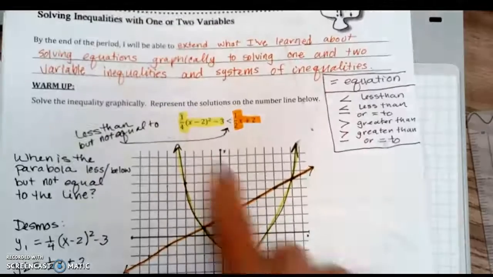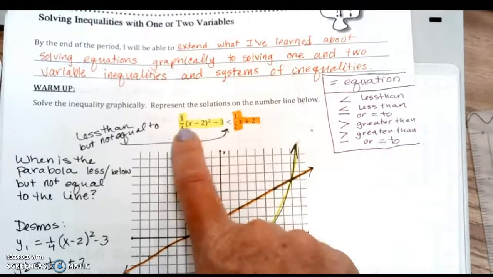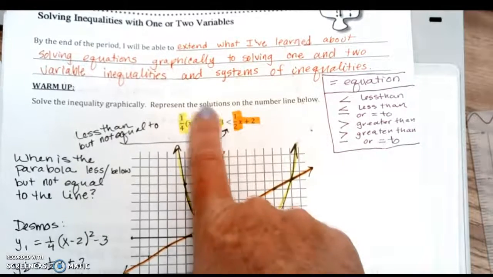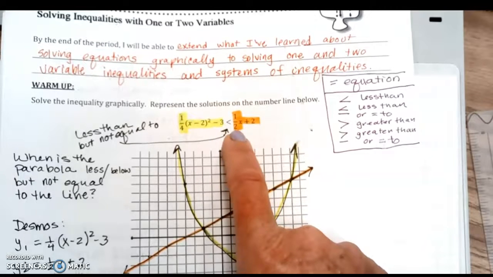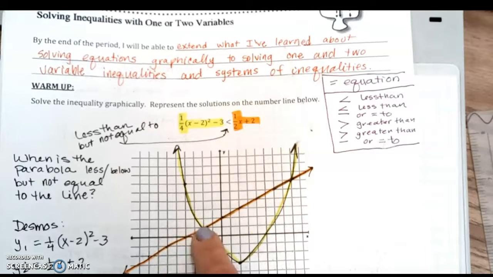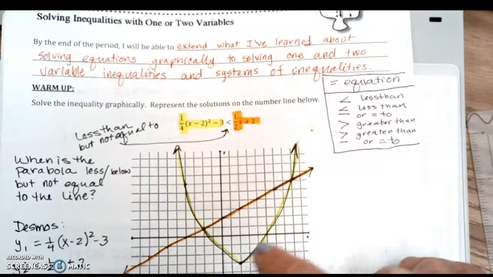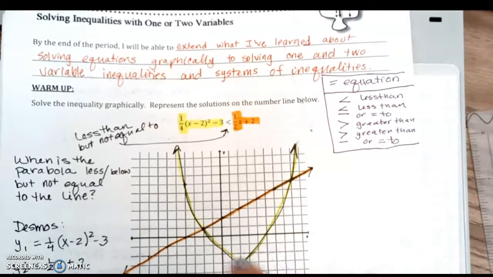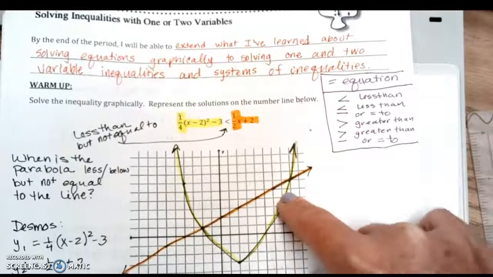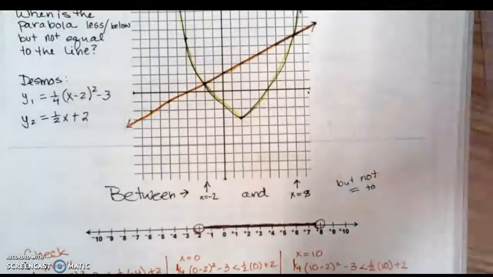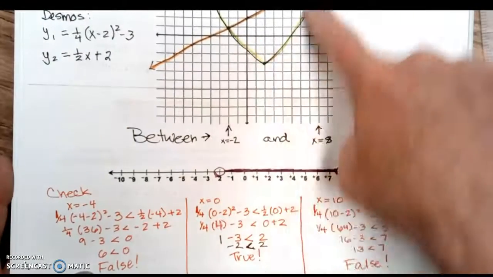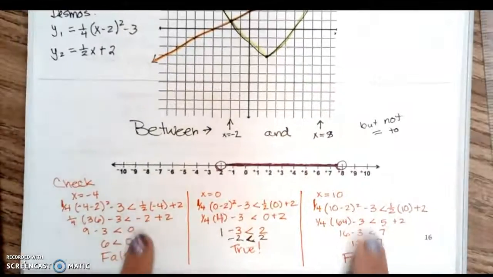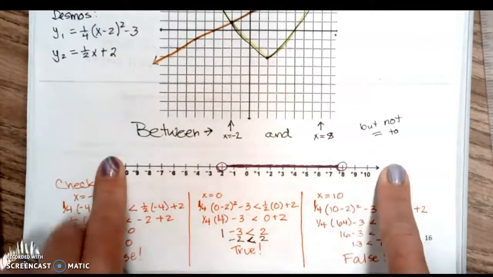So we wanted the parts of the parabola that are less than the line, the orange line. Those parts are down in this area, which when we solved it on the number line and checked it algebraically, gave us all the numbers in here true, but false for the numbers outside.